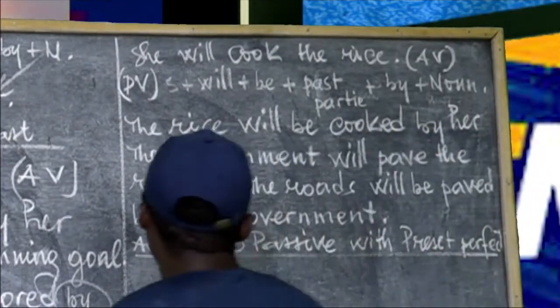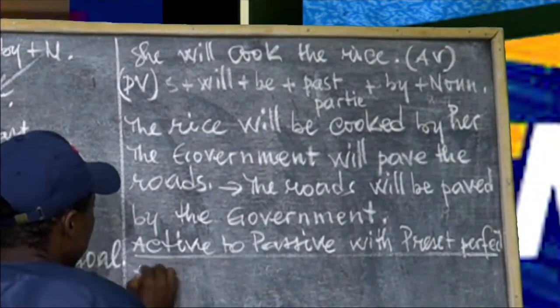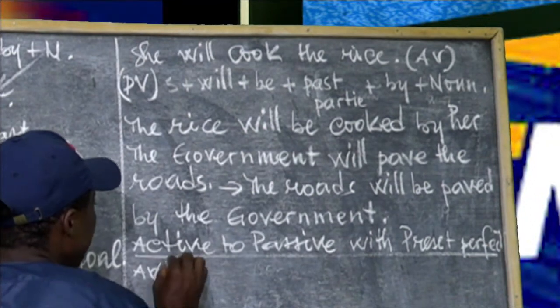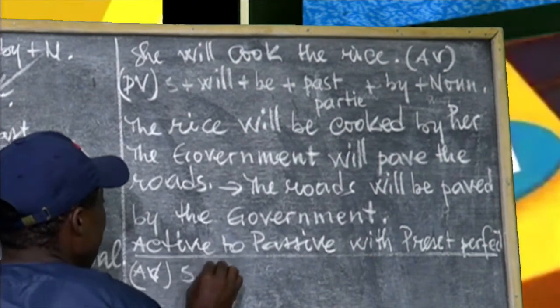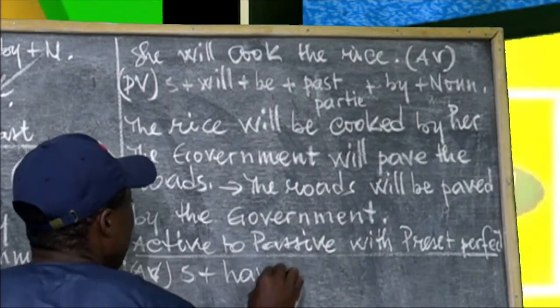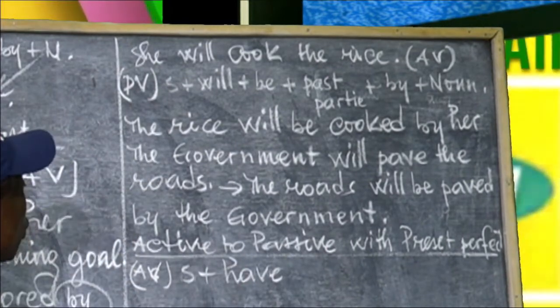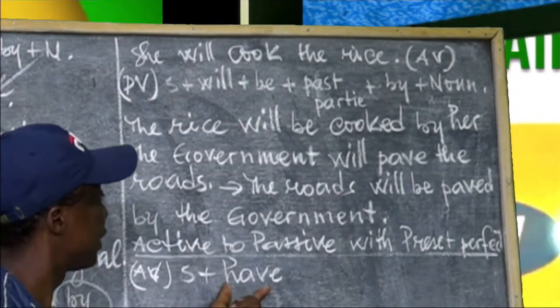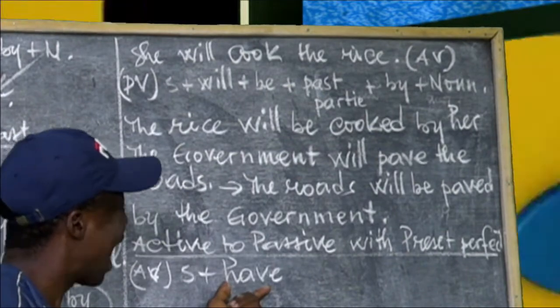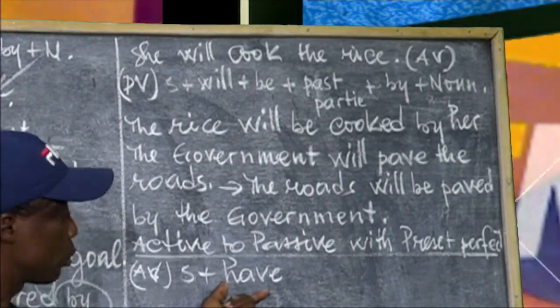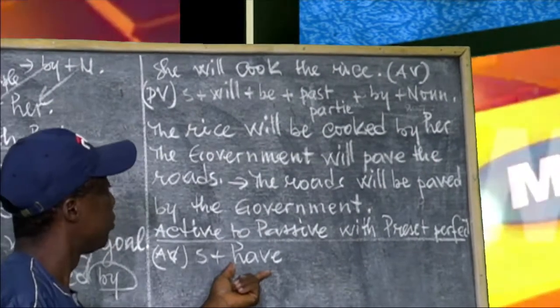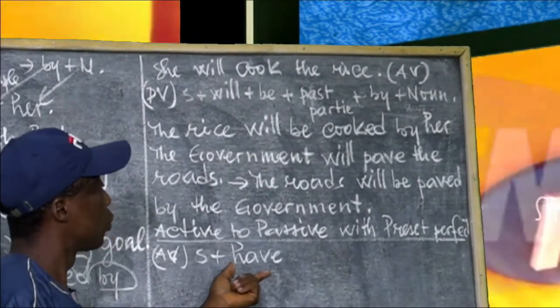In this case, you have active, AV, in brackets. You have subject plus have, and this have may be conjugated to the plural or to the third person singular. If the verb to have is conjugated to the third person singular, the formula will be has, and for the plural, have.